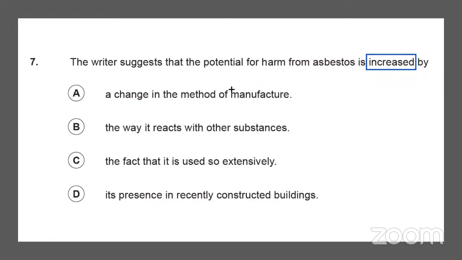Manufacture. Manufacture is the most important word. If he's talking more about manufacture, then manufacture is important. After that, change. Manufacture, method, then change. Change is the last option. So is he focusing on manufacture? That you have to see.